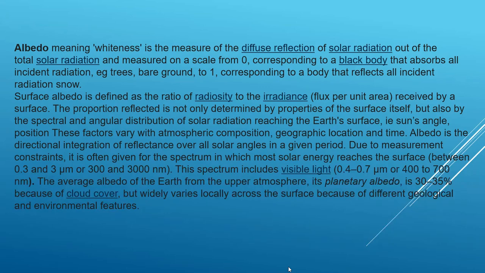Example would be snow. Surface albedo is defined as the ratio of radiosity to the irradiance, flux per unit area, received by a surface. Now, flux is simply a measure of the concentration per unit area per unit time. So in other words, if you wanted to look at the flux of nitrate, for example, the nitrate might be so many milligrams per liter per second.